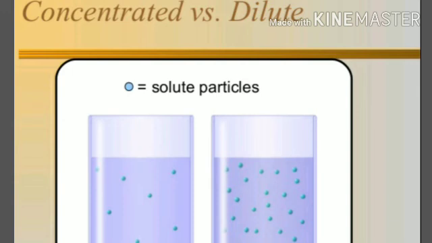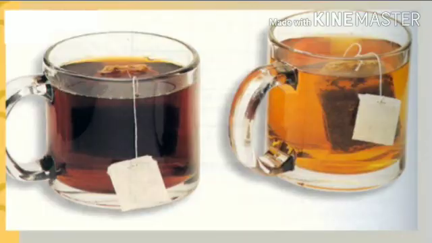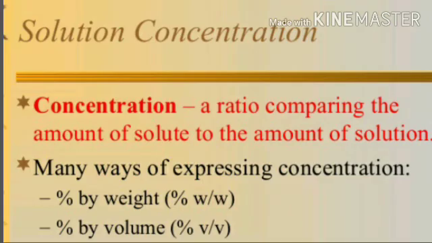If solute particles are less in amount, it is a dilute solution. So by this example of tea, we can say the first glass is concentrated while the other one is dilute as it has fewer solute particles in it.